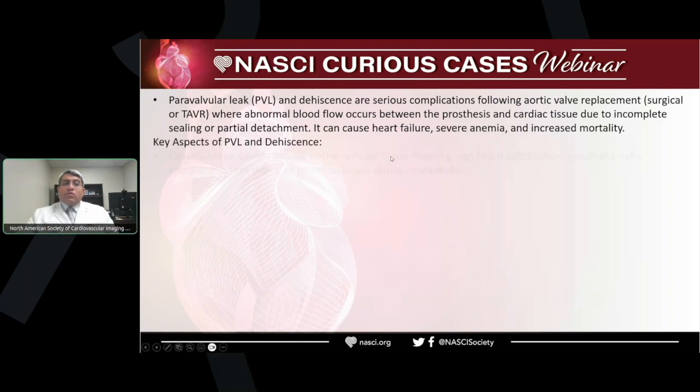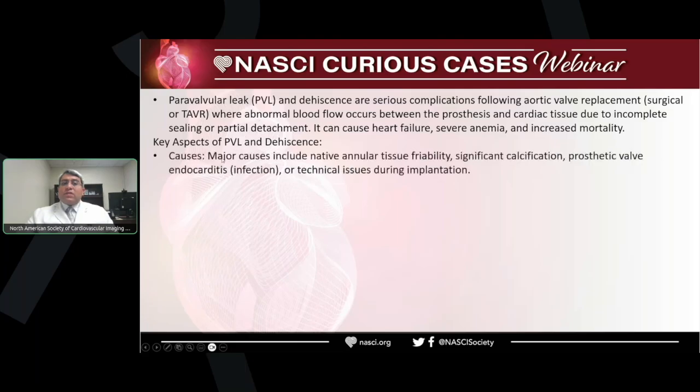The major causes include native annular tissue friability, significant calcifications in the original valve, and prosthetic valve endocarditis, as you mentioned. Infection makes the tissue friable, and a leak starts to happen around the transplanted valve, which is getting infected as well, causing perivalvular abscess formation, not only blood leak or a technical issue during implantation.